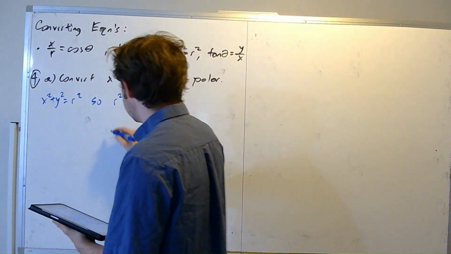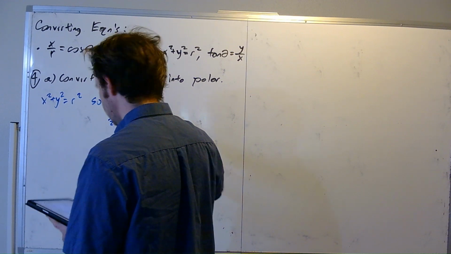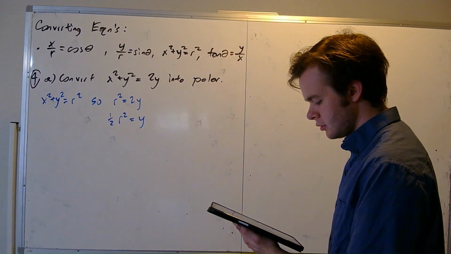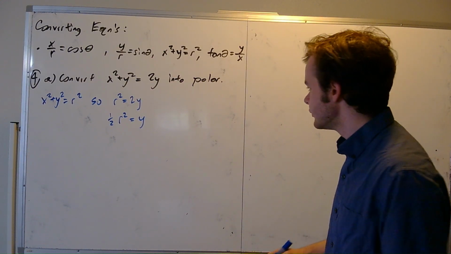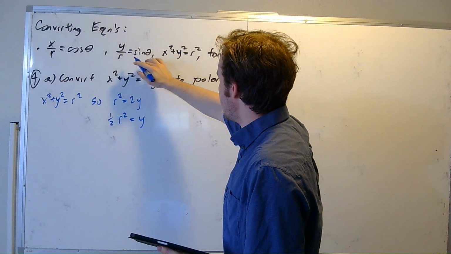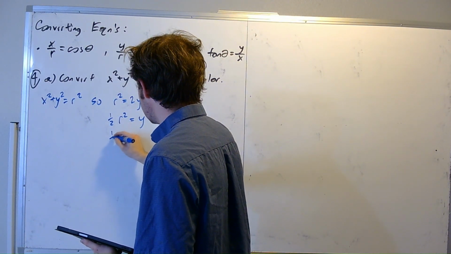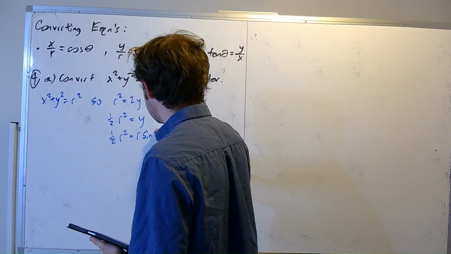And now you can divide by 2 on each side, so 1/2 of r squared equals y. Let's plug in what y is equal to. So y is equal to r times sine theta. So 1/2 of r squared equals r times sine theta.